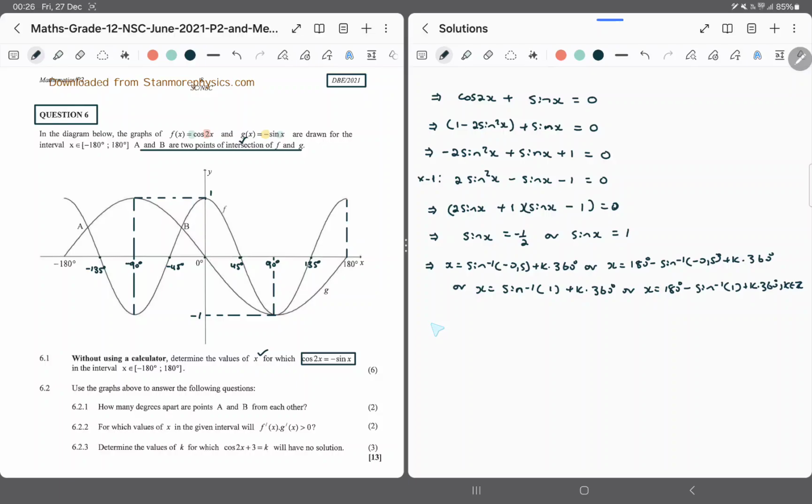So what do we see, guys? Therefore, we know x is going to be, using special angles, minus 30 degrees plus k times 360 degrees.